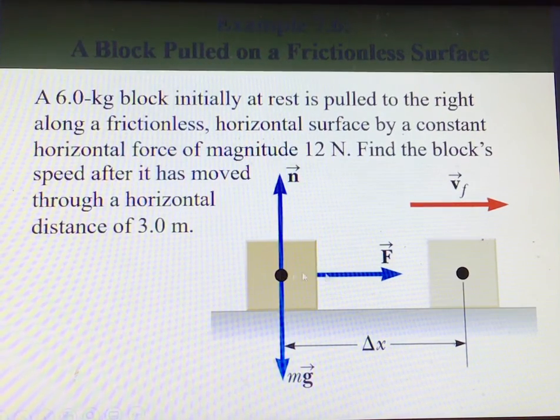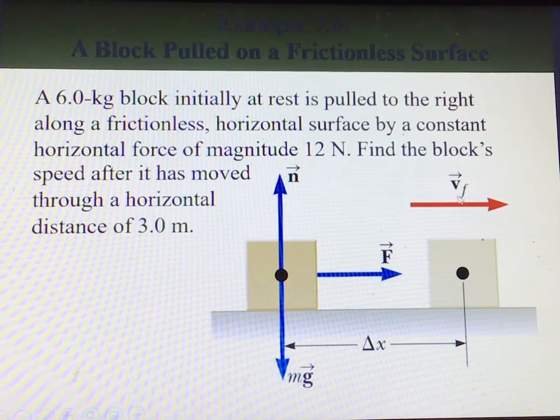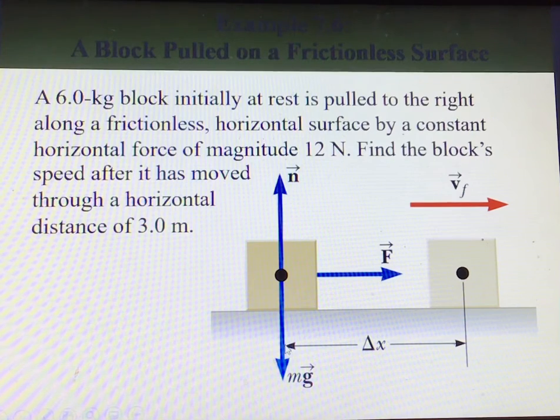So I want to set up the system here. I identify all the forces acting on the system. So I have my normal force, I have my m times g, I have my applied force. And we want to calculate the final velocity. The displacement, this distance from here to here, is delta x, which is the 3.0 meters.